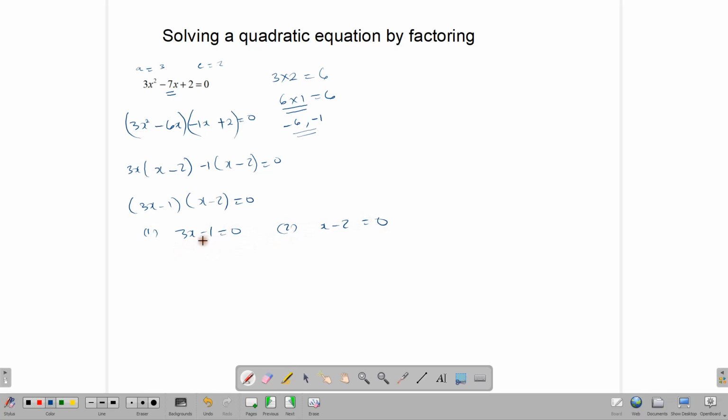In this case, we solve the simple linear equation. 3x is therefore equal to 0 plus 1, which means 3x is equal to 1, and therefore x is equal to 1 over 3. And in this case, x is equal to 0 plus 2, so x is equal to 2. Our solutions to the quadratic equation are therefore x is equal to 2 and x is equal to 1/3.